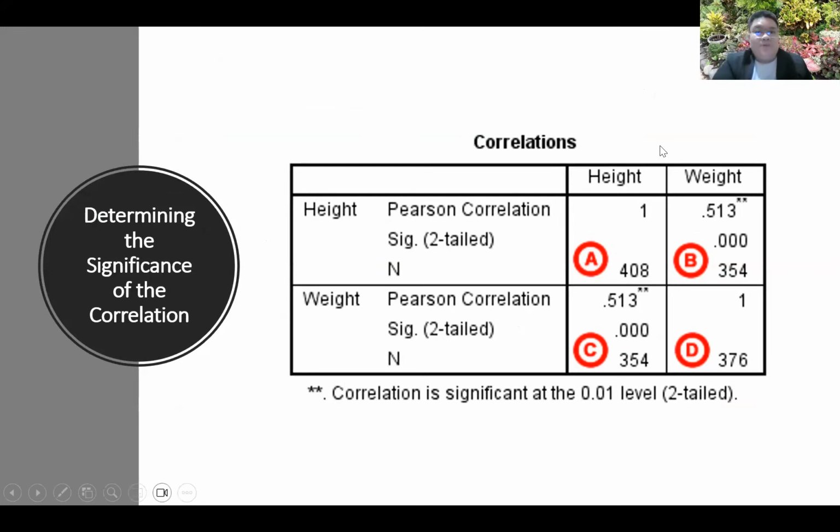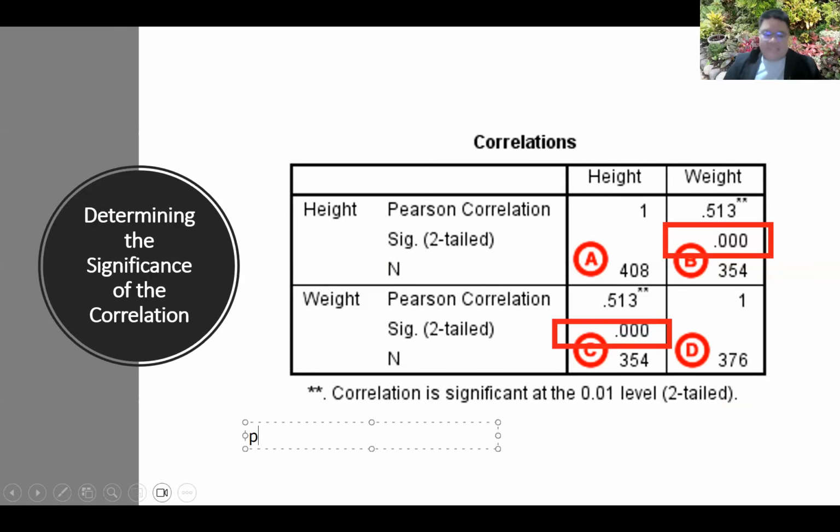Another value that is more important for us to look into is what we refer to as the p-value. If you can recall, class, this is from statistics. The p-value is the value we see under the Pearson's R. The p-value is the basis of whether the test is significant or not.